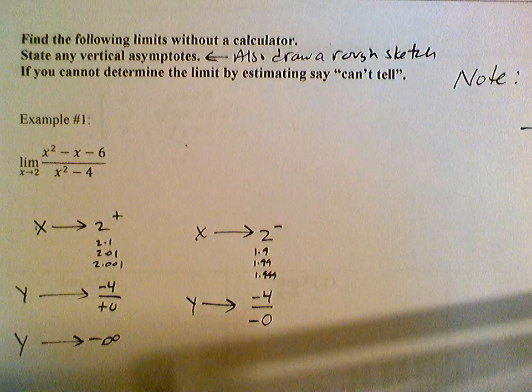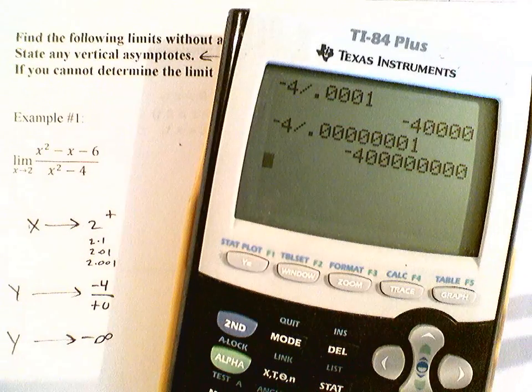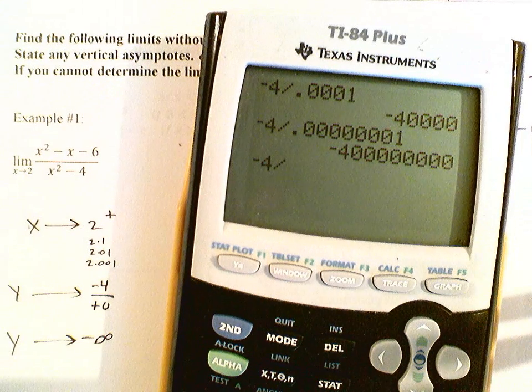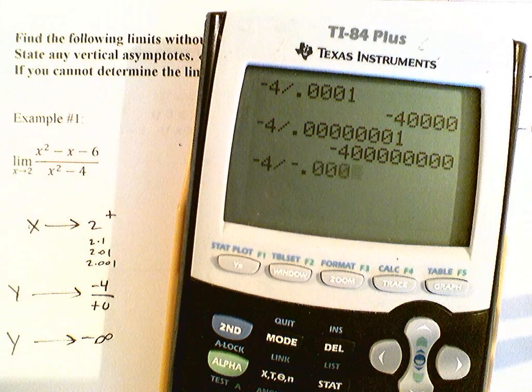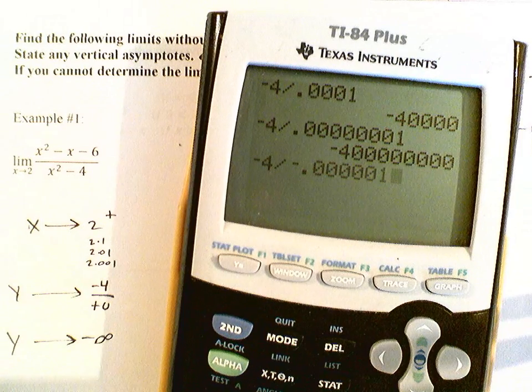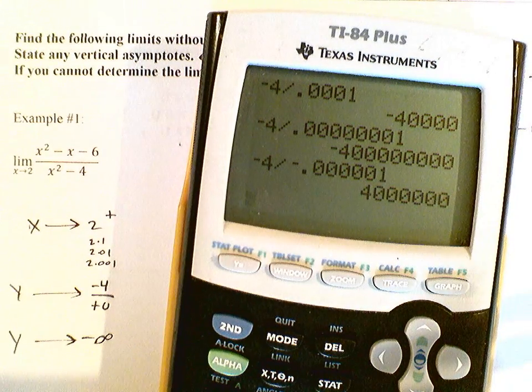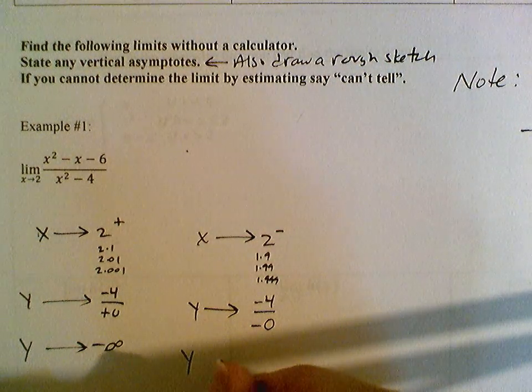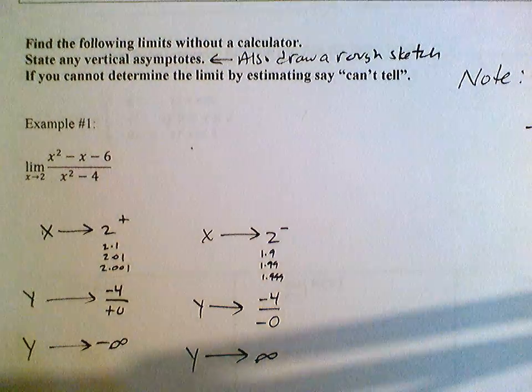So let me just do one example very similar to before. I've got negative 4 divided by negative 0.000001. That's a big negative number, or positive. That's a big positive number. So the y's are approaching positive infinity.